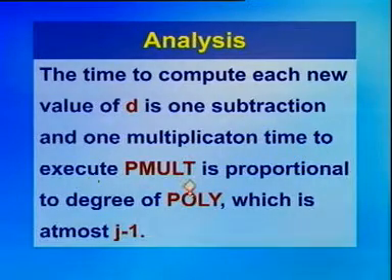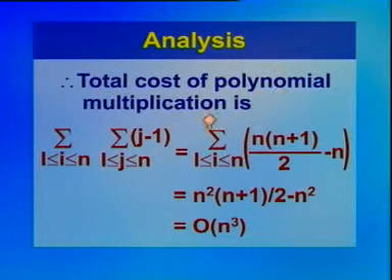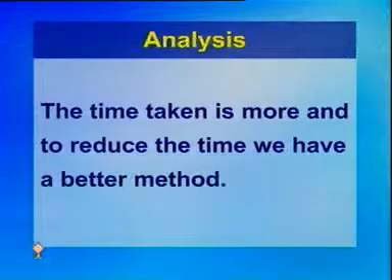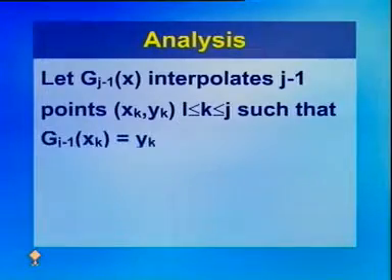Time to execute polynomial multiplication is proportional to degree of polynomial, which is at most j minus 1. Therefore, total cost of polynomial multiplication is in the order of n cube. The time taken is more, and we must reduce the time by using a better method.